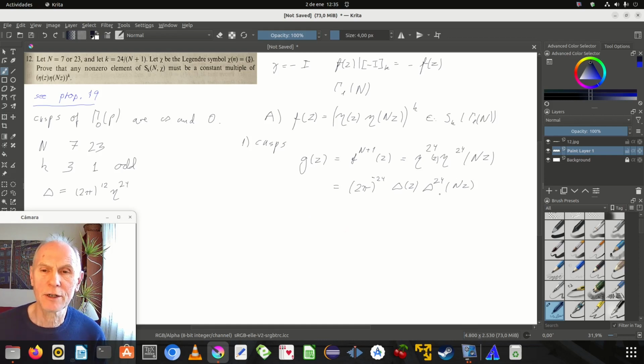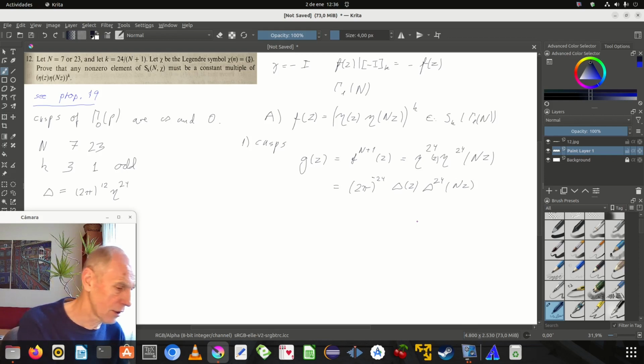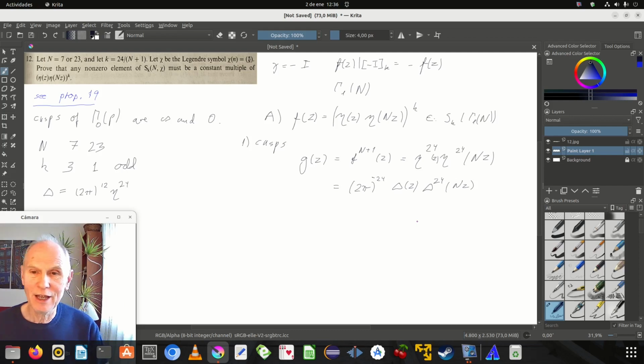And that means that, that was proposition what? Is it 17a, I think? I've done my homework, you can see. Yeah, 17a. This is a cusp form of order 24 of the congruence group gamma naught of n.